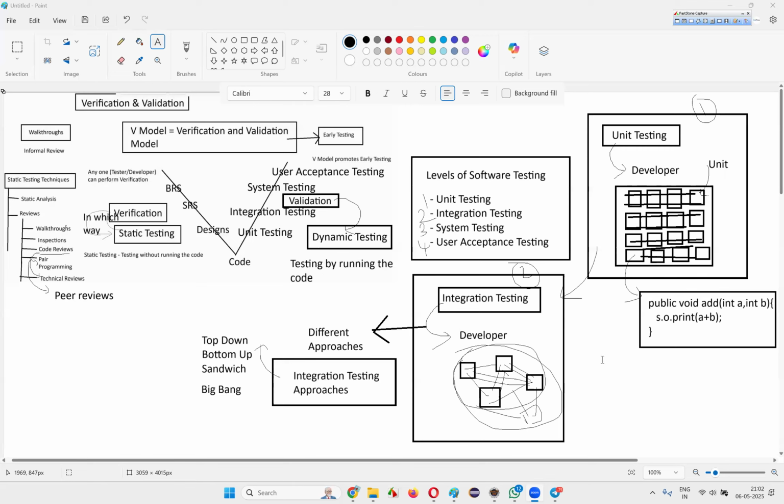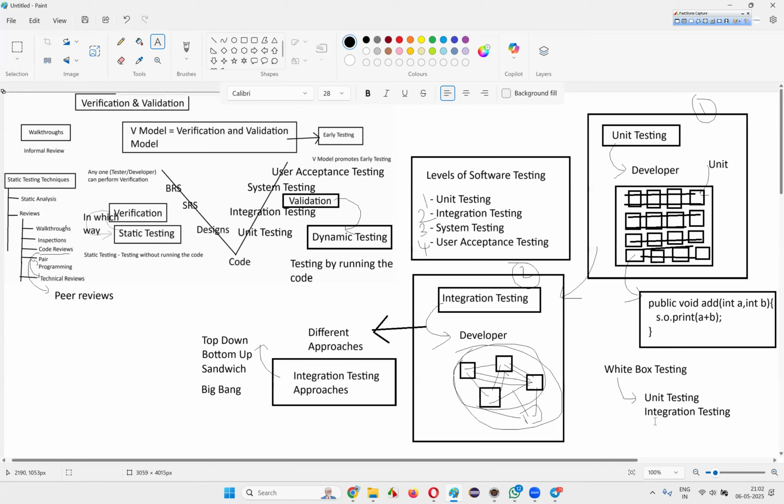Such kind of testing is called white box testing. Another terminology has come here. Examples of white box testing are unit testing and integration testing.